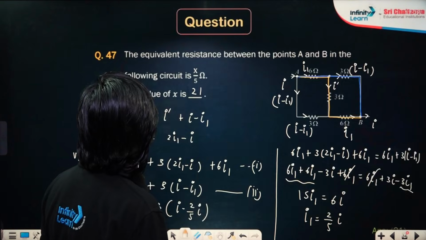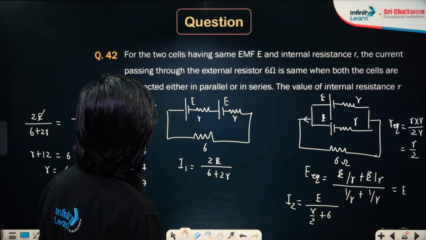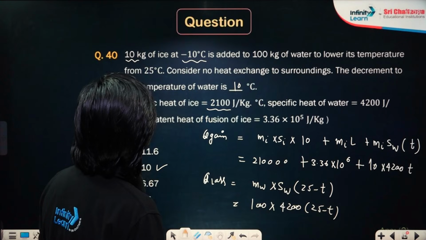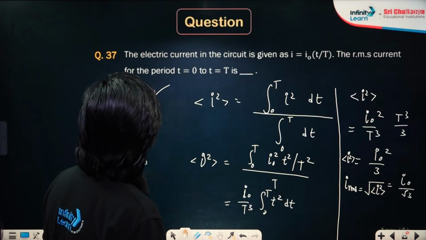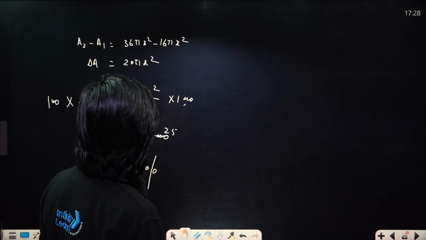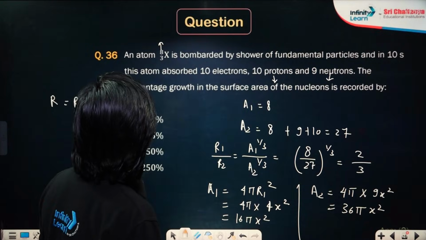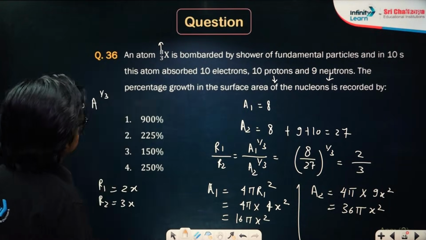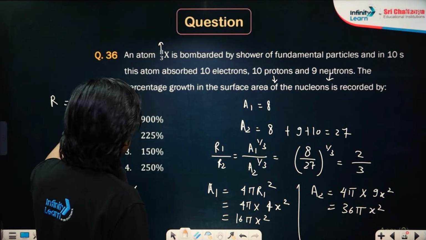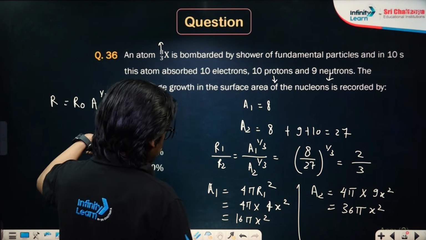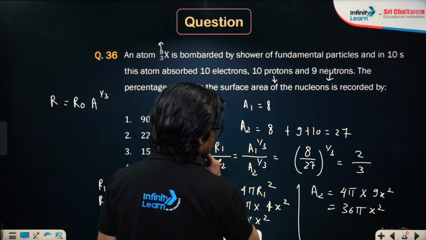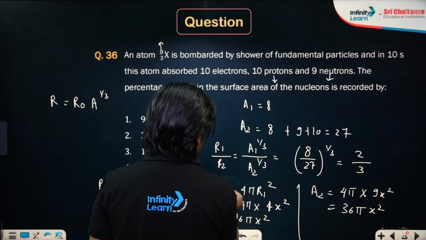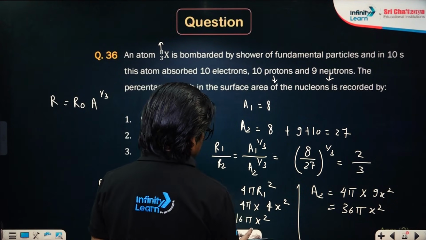There was one question we were discussing and some confusion was there in that. Yeah, this one. An atom, here R naught A cube, so R1 by R2 is E1 by E2 raised to the power 1 by 3, 2 by 3. A1 you should write 4 pi R1 square.